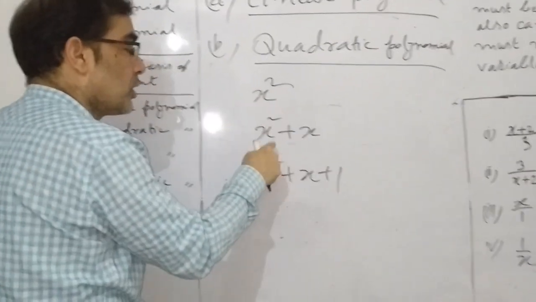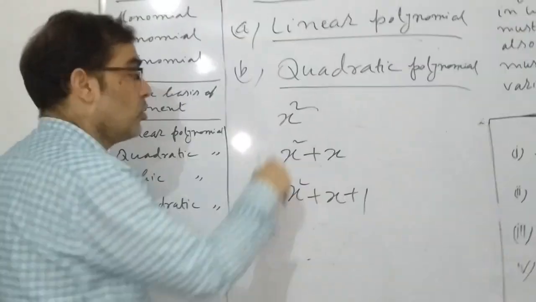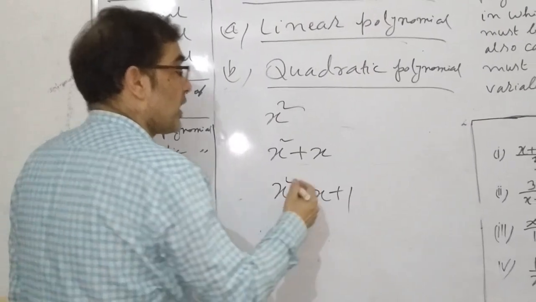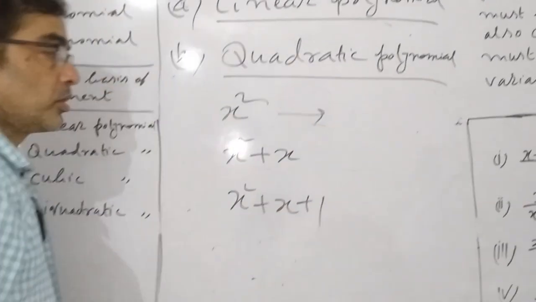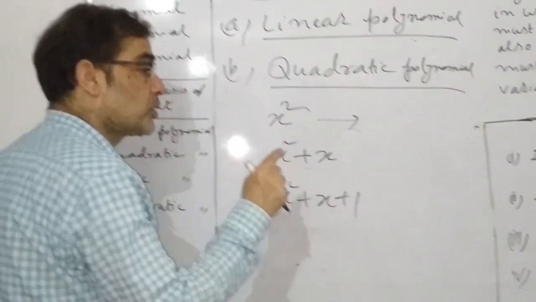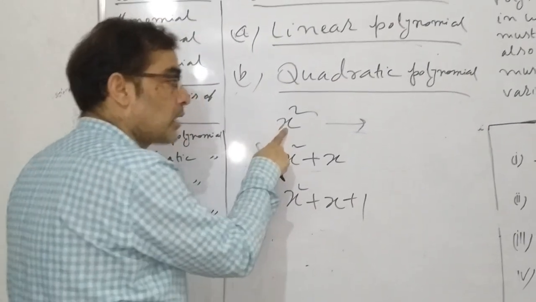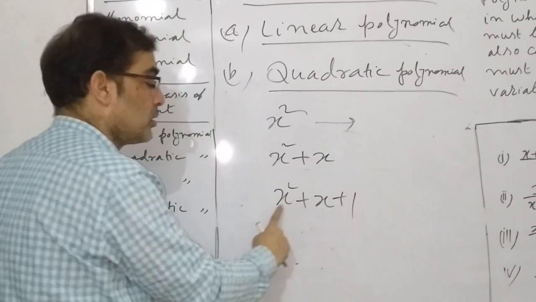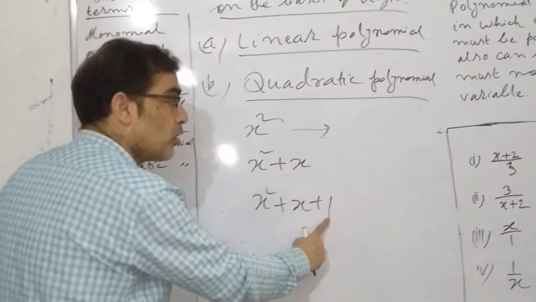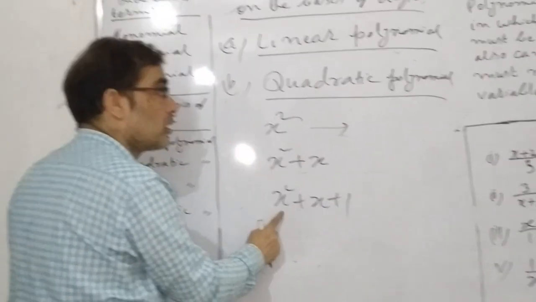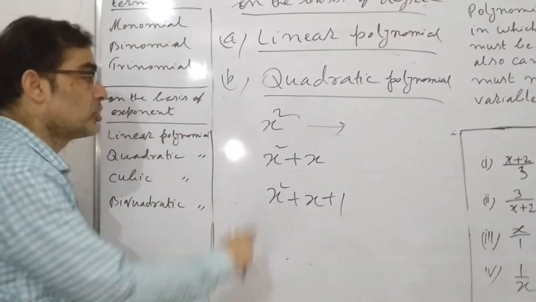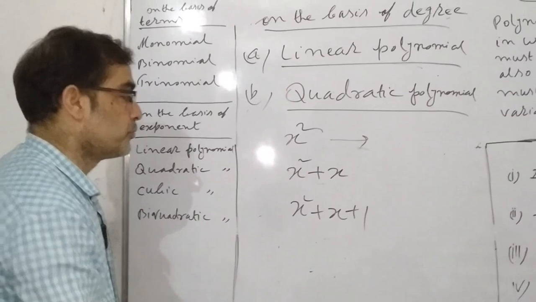So these are the examples of quadratic polynomial. On the basis of terms, this is monomial, this is binomial, this is trinomial. But all are examples of quadratic polynomial because they have only degree 2.